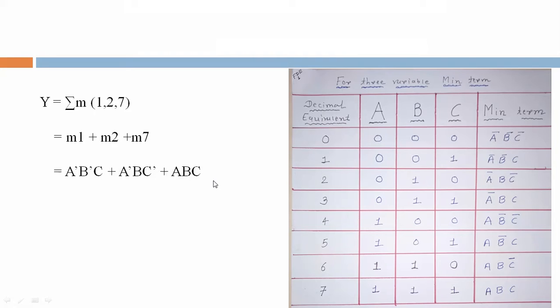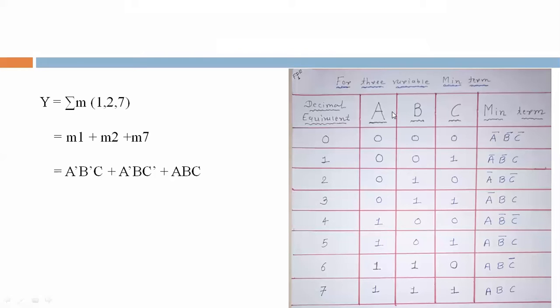To know how that can be represented, this is the decimal equivalent number. And the minterms, the function of minterms, are represented by their decimal equivalent. We can say 0, and this is 0 0 0 for ABC.